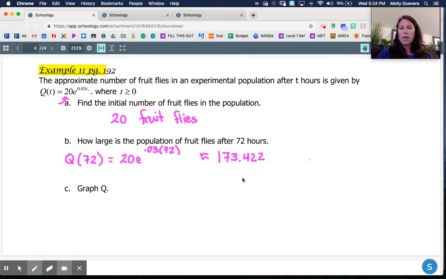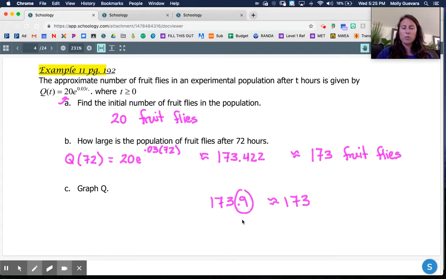You can't have 0.422 fruit flies, so I would say approximately 173 fruit flies. Even if it was 173.9, it would still be 173, because 0.9 fruit flies is still not a whole fruit fly. So I have 173 whole fruit flies. Hopefully that makes sense why we always round down there.